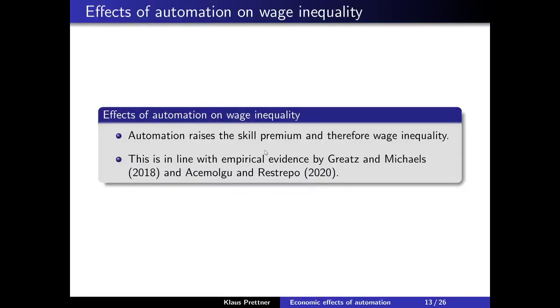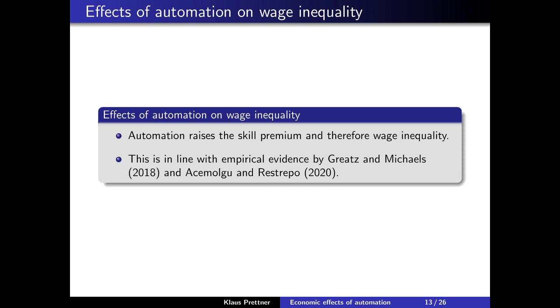So to summarize the effect here, automation can explain the rise in the skill premium that we've observed, and therefore it can explain an increase in wage inequality, as has also been observed since the 1980s, which is described, for example, in the work by Thomas Piketty and co-authors and collaborators.